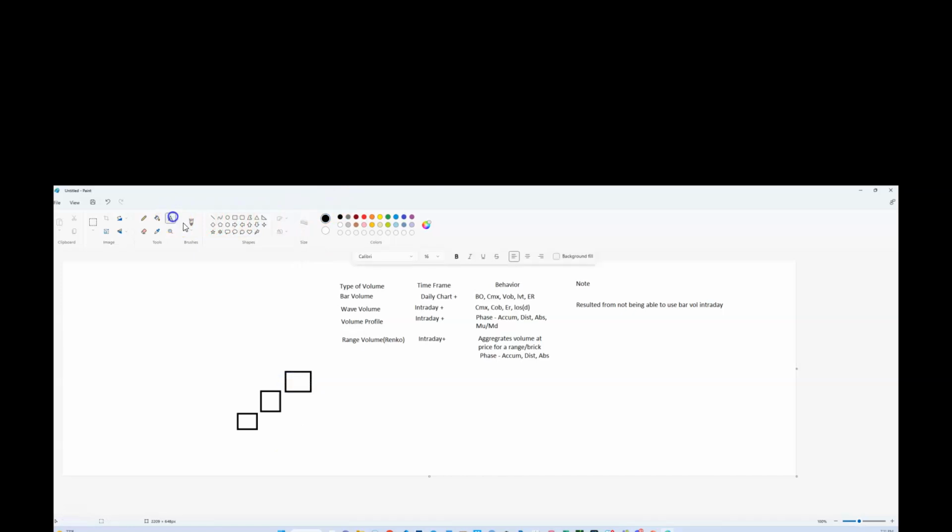Because you'll have bricks, and you'll have a number. Like this has, let's say, 100. This has 60. This has 30. So someone very likely accumulated here, and let's say we put one more brick.